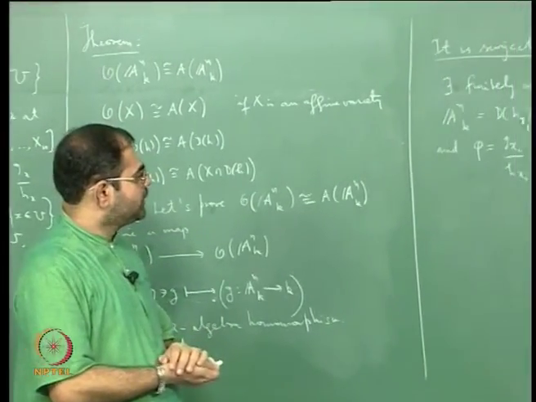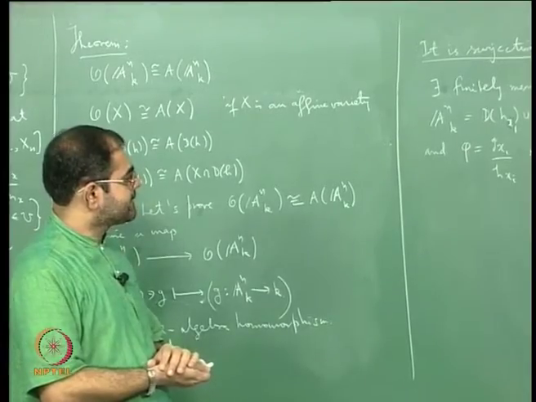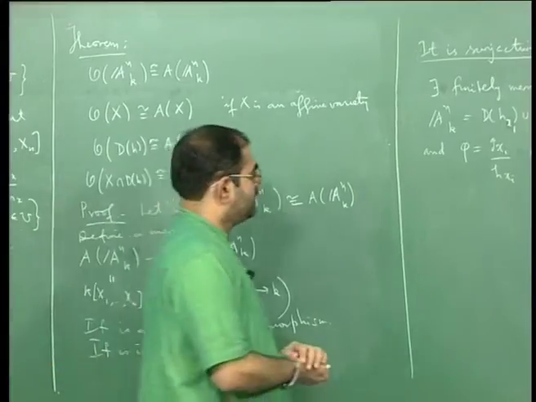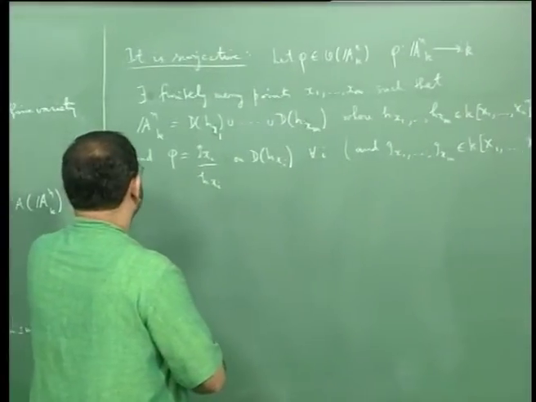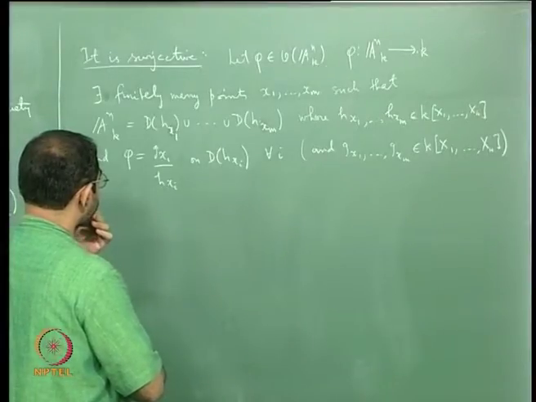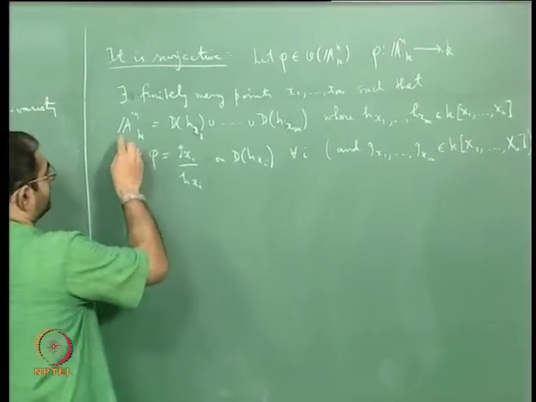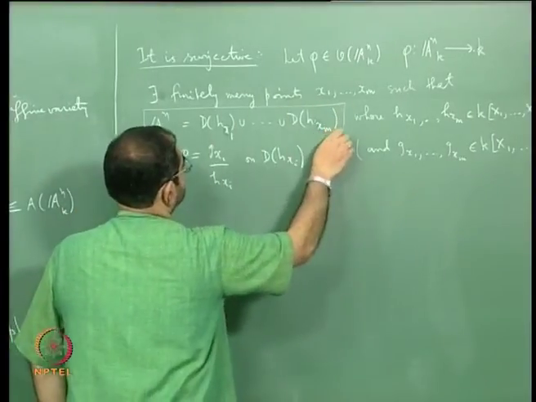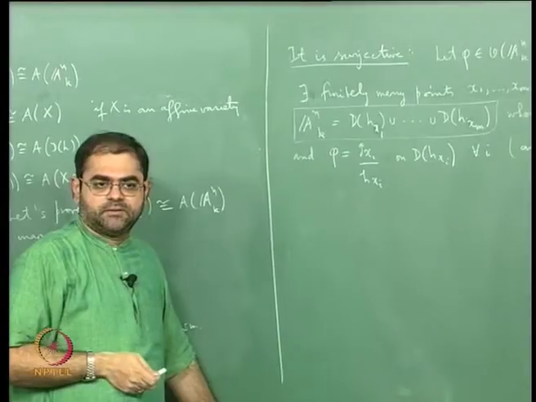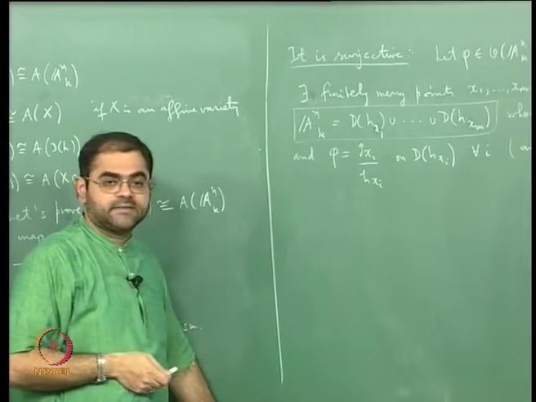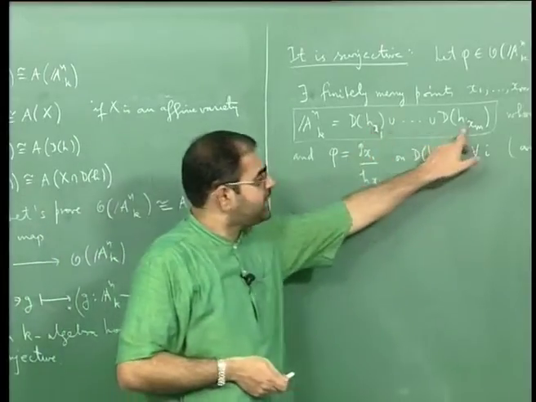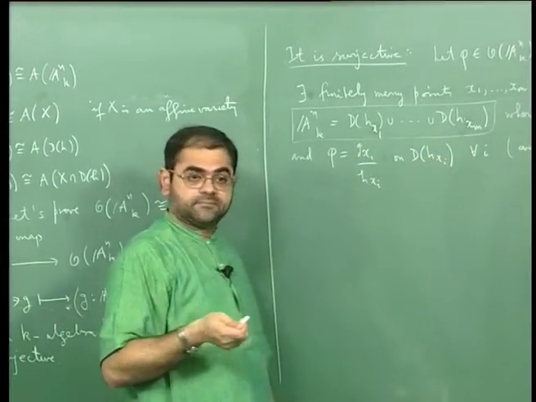Now you see, the first thing is that this has a meaning in terms of commutative algebra. The meaning that it has in terms of commutative algebra is that the ideal generated by the h_xi is the unit ideal, okay.